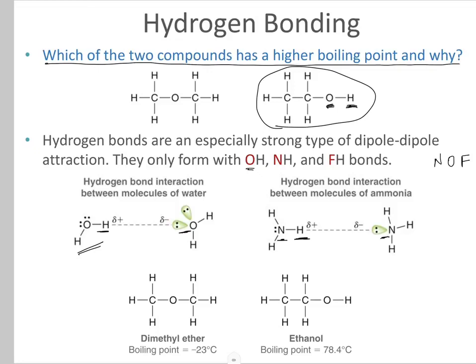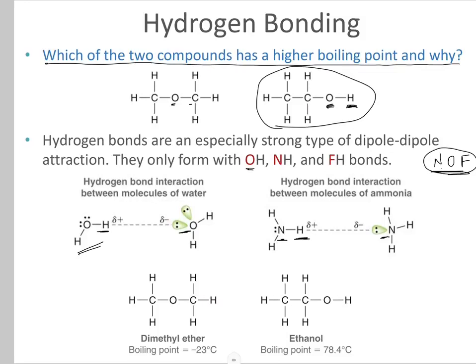Here we have oxygen bonded to carbon and carbon, so there's no hydrogen bonding. Again, keep in mind, hydrogen bonding only takes place if the nitrogen, oxygen or fluorine connected to a hydrogen gets attracted to another one, which is connected to any of those three.